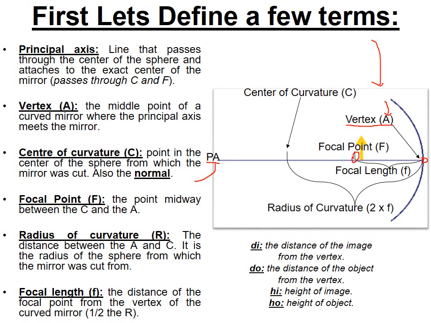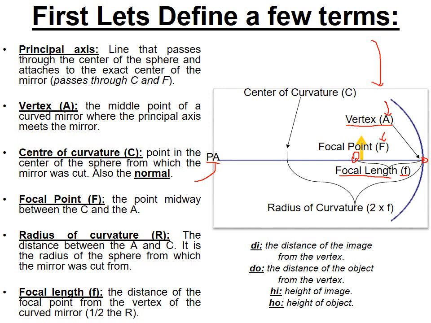The distance from the vertex to the focal point, that's called the focal length, and it's represented by lowercase f. So the focal point itself is the position where the light rays will focus to when they bounce off the mirror, but the focal length is the actual distance that you measure from the vertex to the focal point. Focal point represented by uppercase F, focal length by lowercase f.